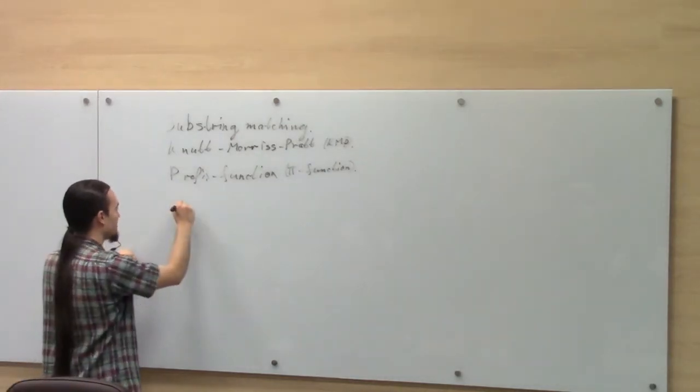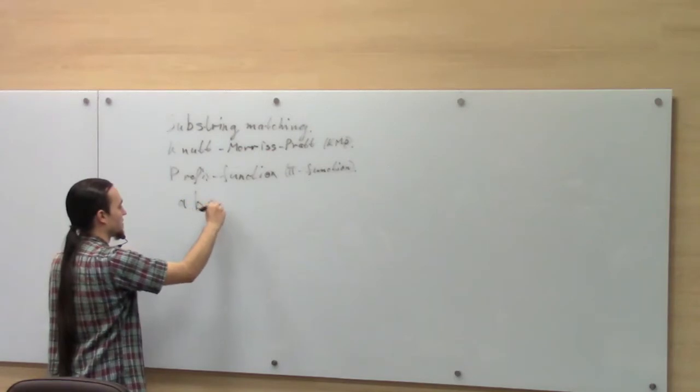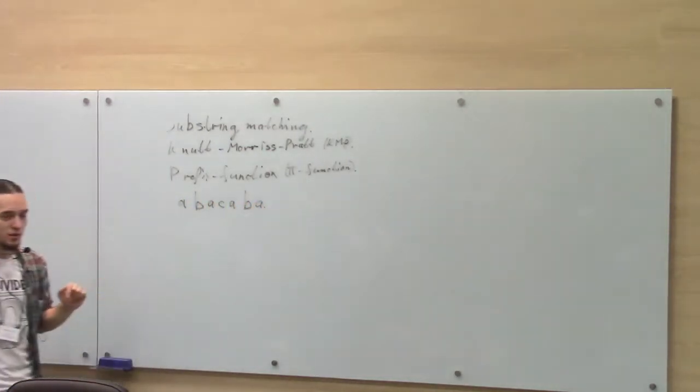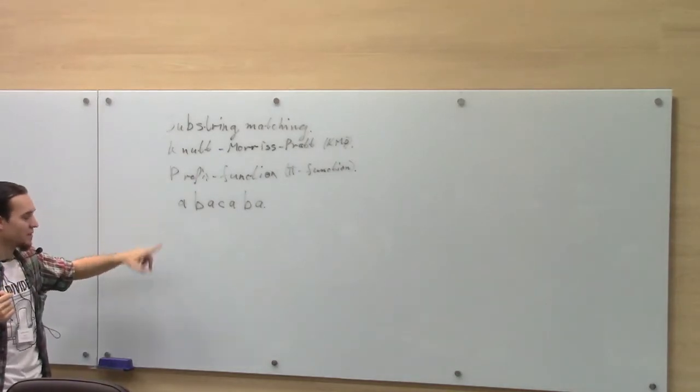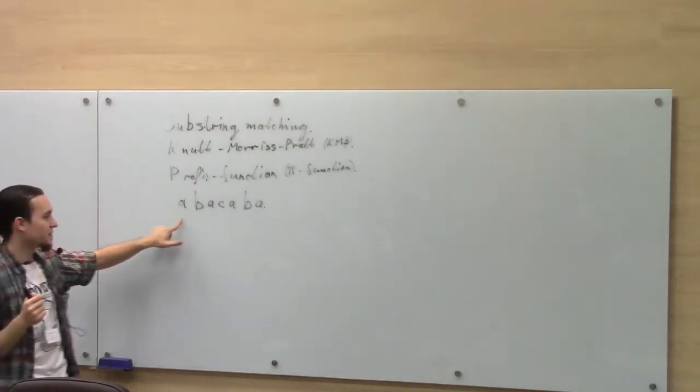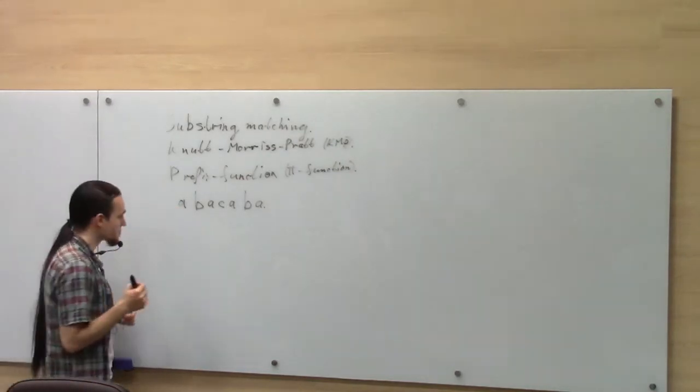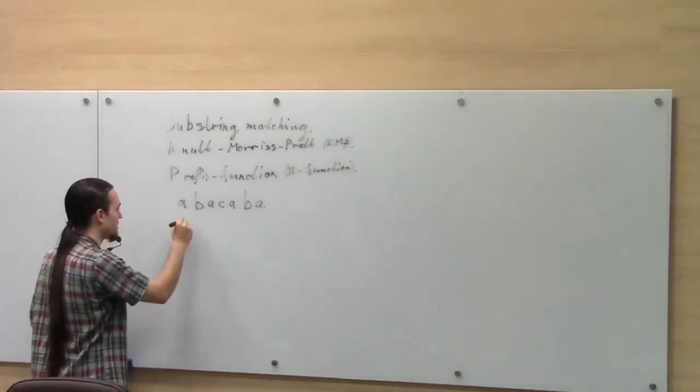If you have a string like this, what do we mean by prefix function? Basically, we define the prefix function in each of the positions. In the first position we set it to be 0.